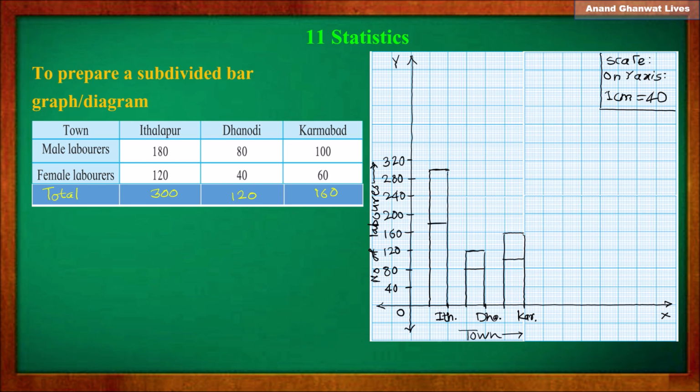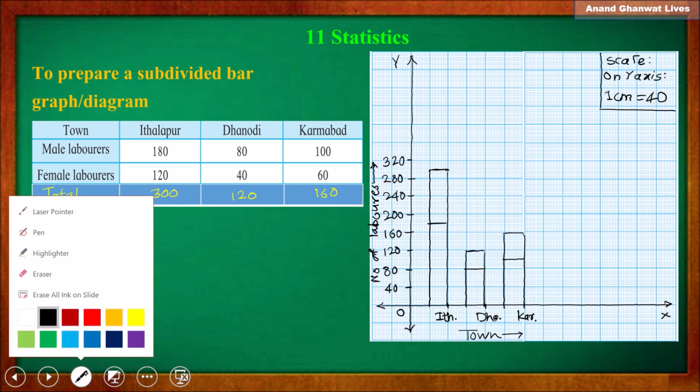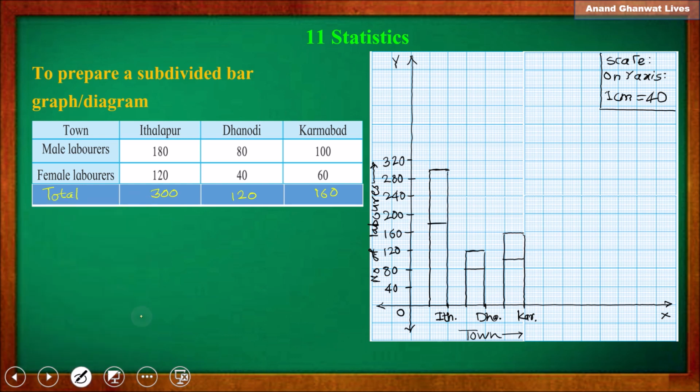Now show each divided part in a separate color. So let us take yellow color for male laborers.